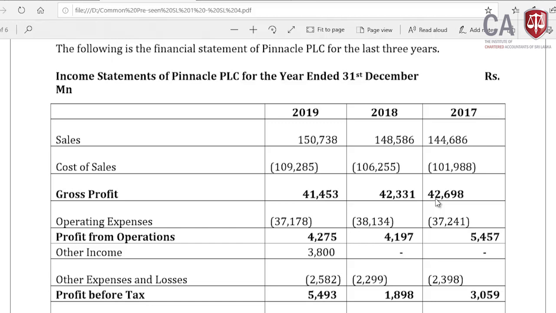What has happened actually? Gross profit has declined, no?